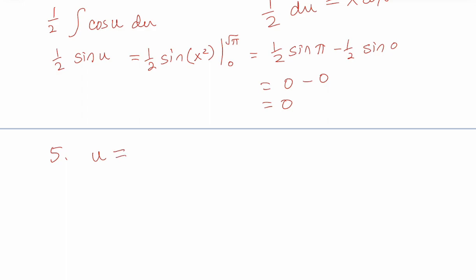Let's let our u equal 2x squared plus 4. And our integral is 2x times 2x squared plus 4 to the 5th power.